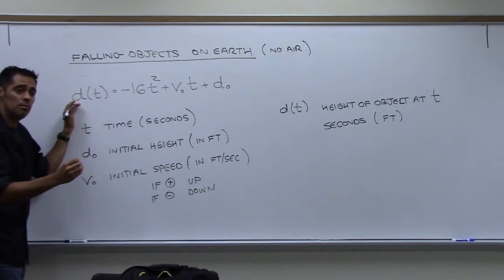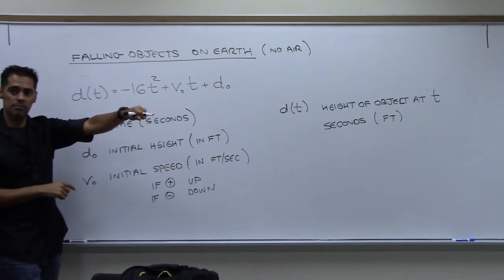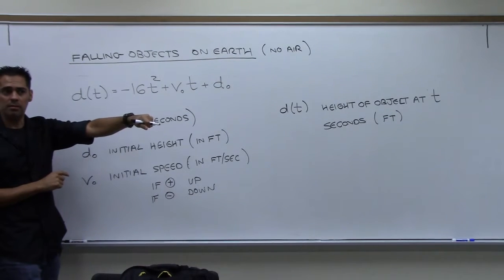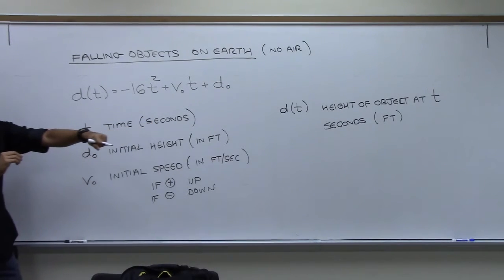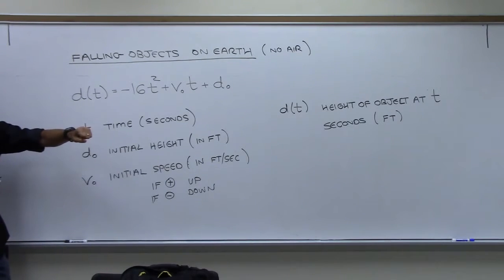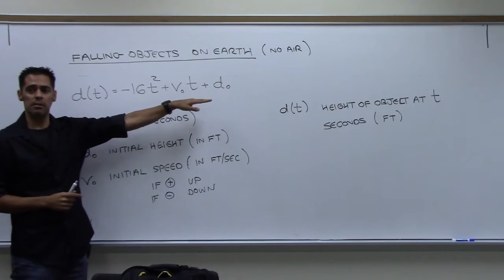As an example, at time equals 0, how high is the object? Not 0. That's what we would plug in for t, wouldn't it be? At time is 0, how high is the object off the ground according to this formula?